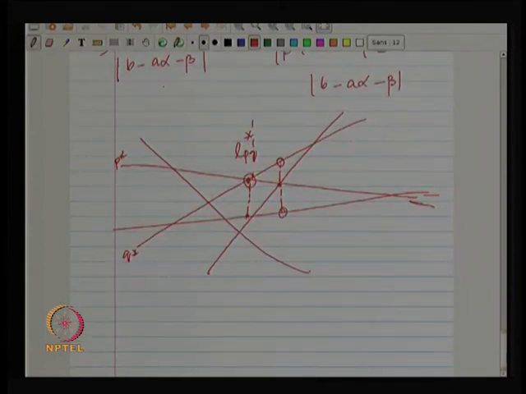Now, if I have the arrangement, then what do you do? Well, you do not have to do even that, it is simpler than this.